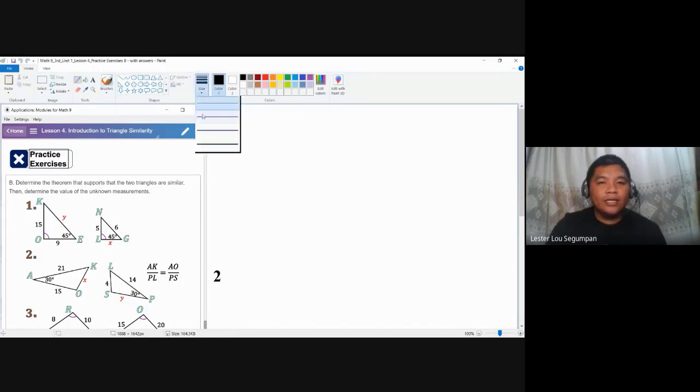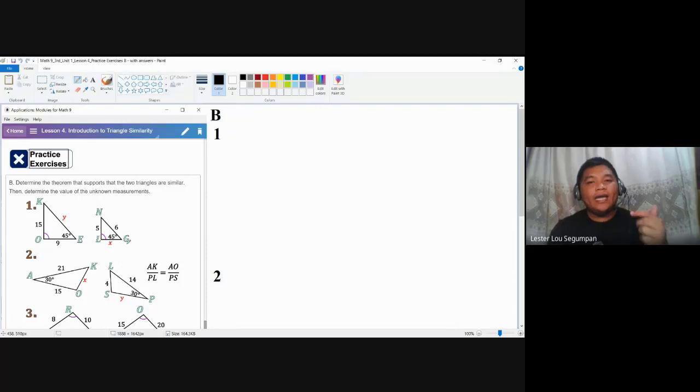In item number one here, we are given triangle KOE and triangle NLG. By the way, when we try to determine the similarity of two triangles, we don't solve for whether the sides are proportional or not. We just simply use the supporting theorems or postulates that will tell us whether the triangles are similar or not.